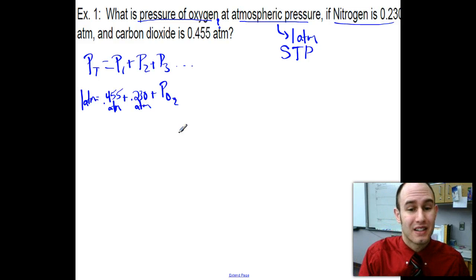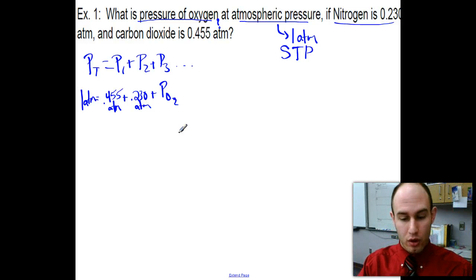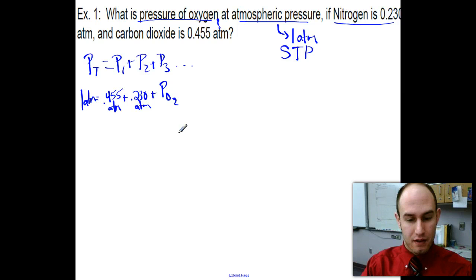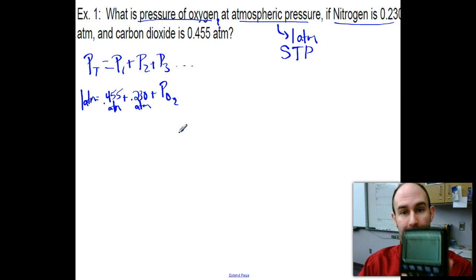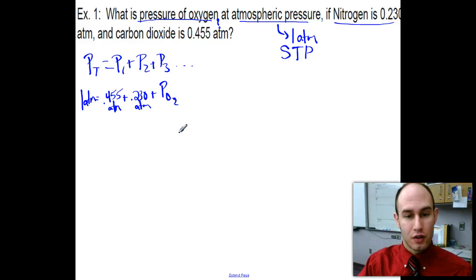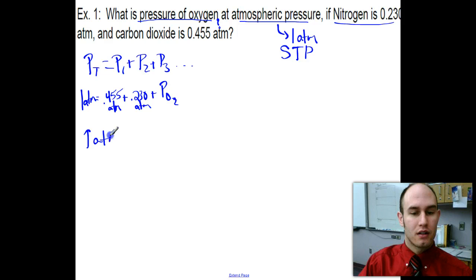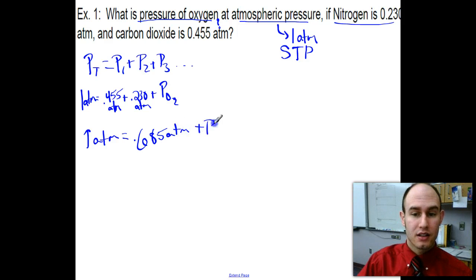So now I can simply grab my calculator and do some basic math. I'm going to take my 0.455 and add that to the 0.23, and we get 0.685. So now I have 1 atmosphere is equivalent to 0.685 atmospheres plus the pressure of my oxygen gas.